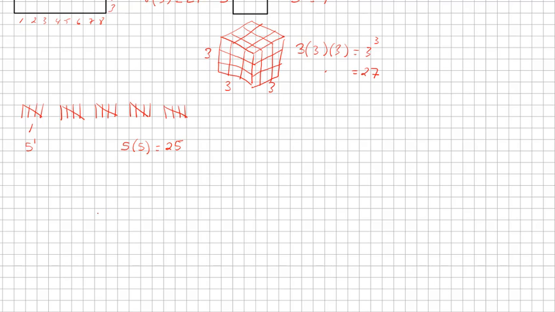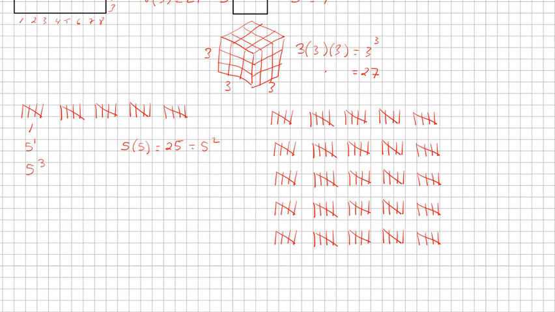Now, what if I wanted to do this again? What would 5 to the third power be? Notice this is 5 squared. Well, hang on for a second. Here we are. So what have I done? I started with a group of 5. Then I created another set of 5 using that as my template.